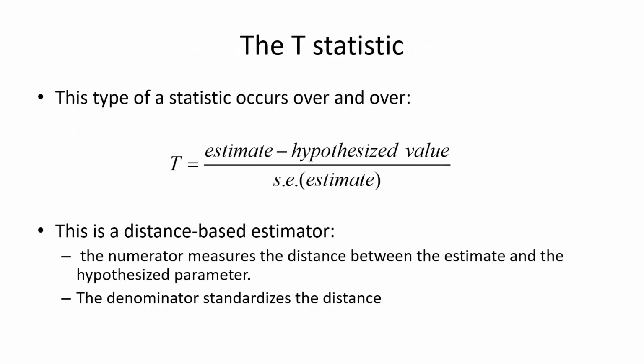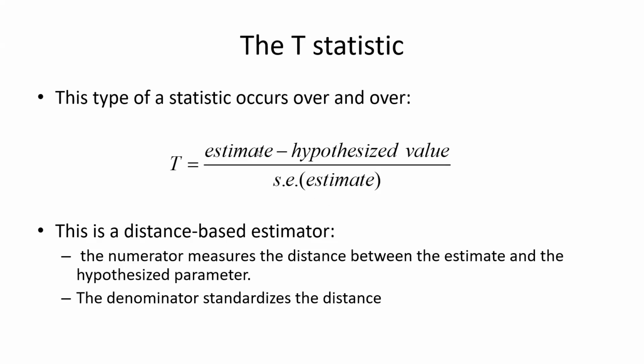Given that we now have the distribution, we can construct this t-statistic. And it's a kind of statistic that happens over and over. We have the estimate minus a hypothesized value, and then we standardize by the standard error.